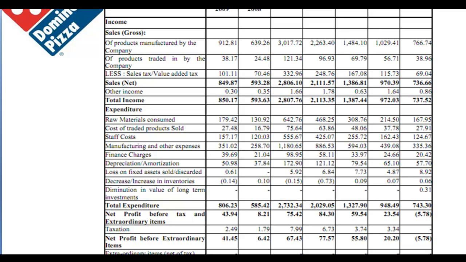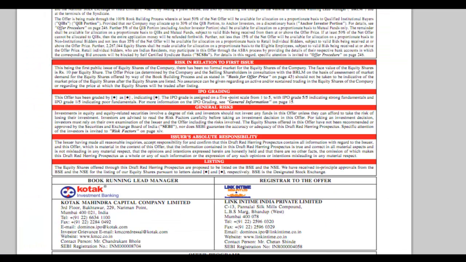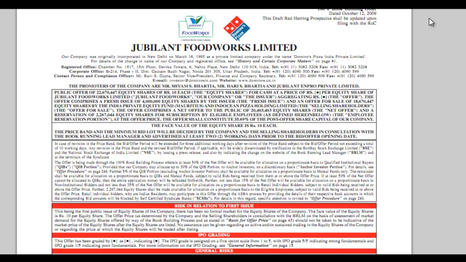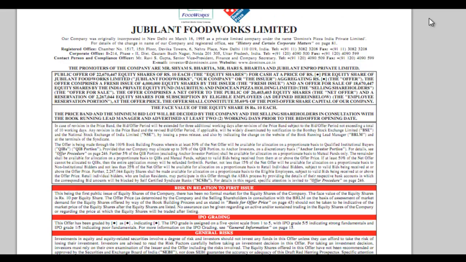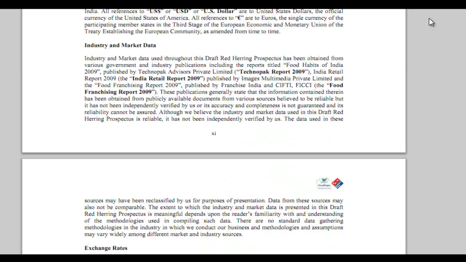For example, Jubilant's annual report looks something like this. Actually, this is not their annual report. This is the document they filed when they were about to go public, their red herring prospectus, the document you file when you want to take a company public. Typically, in the first 15-20 pages, you will find the company's income statement.